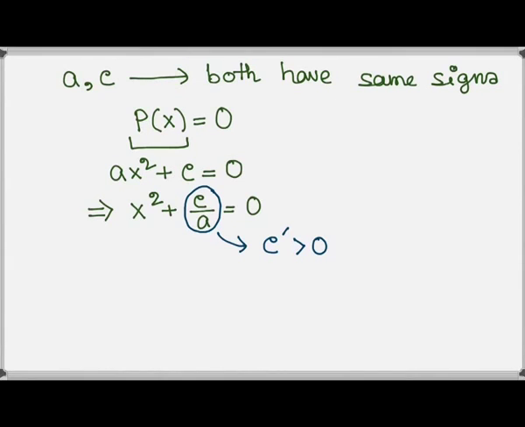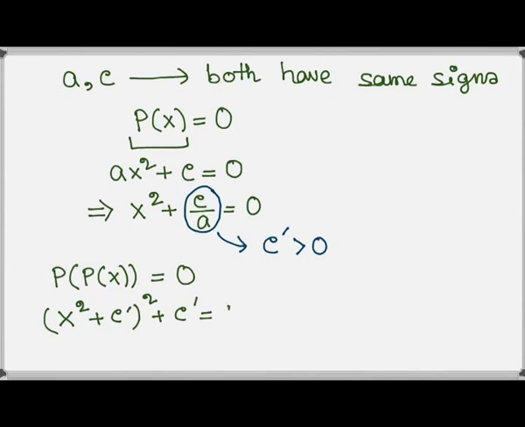Now let us write what is p(p(x)) is equal to 0. So this is nothing but (x square plus c prime) whole square plus c prime is equal to 0. Now let us split this part.